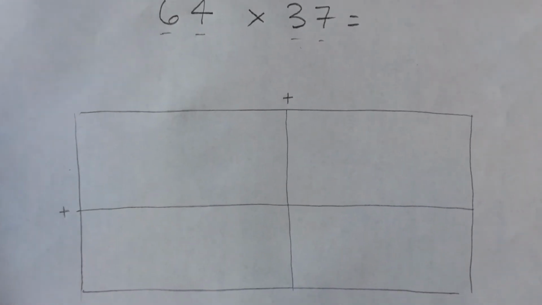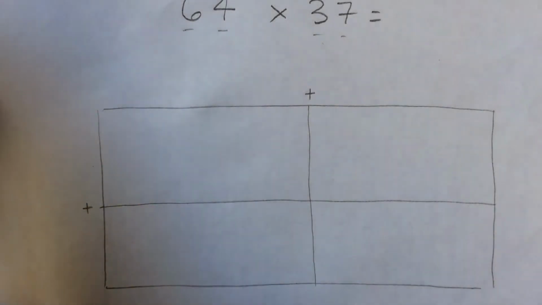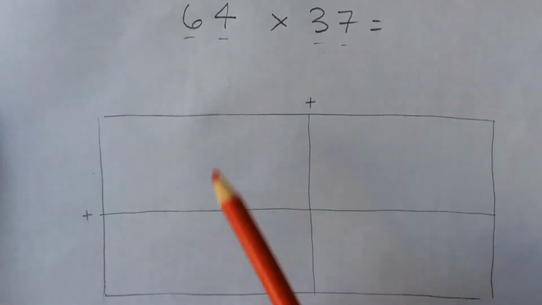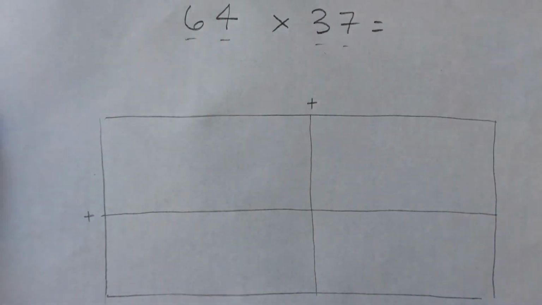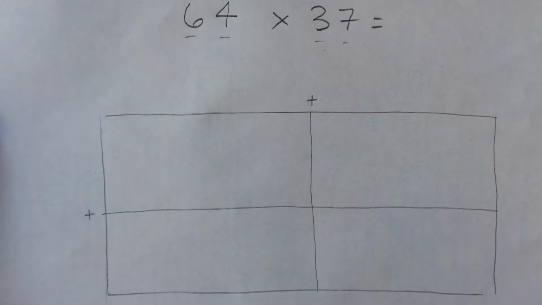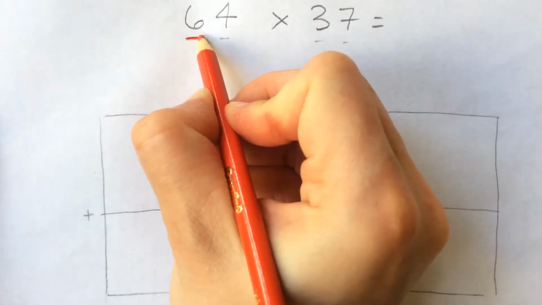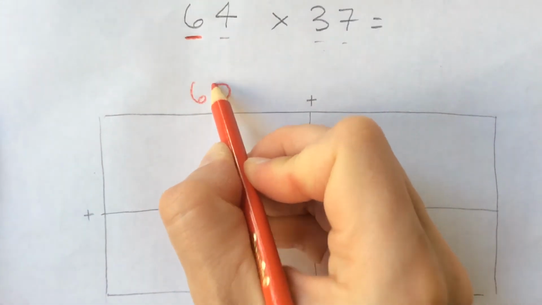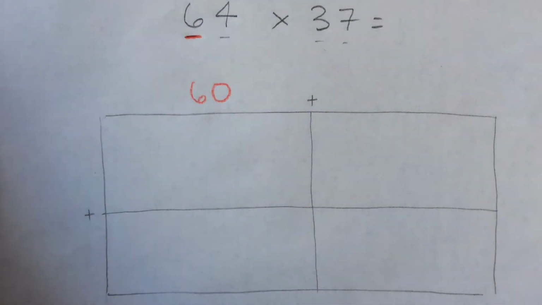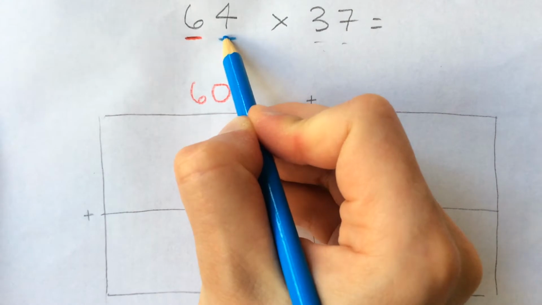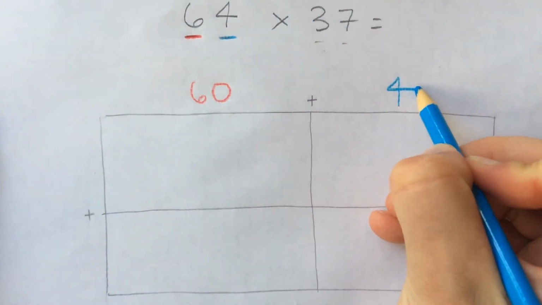And I'd like you to note that, as if we were in class, I would ask you for 64, well, what are the tens here? And I'd hope you'd say 60. And then I'll ask you, well, what are the ones in 64? And again, I'd hope you'd notice 4.